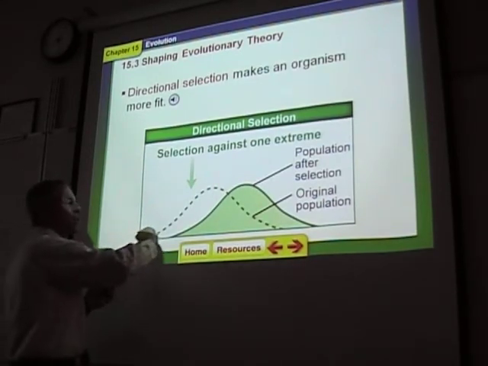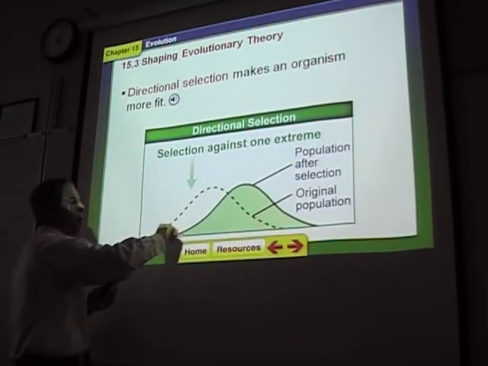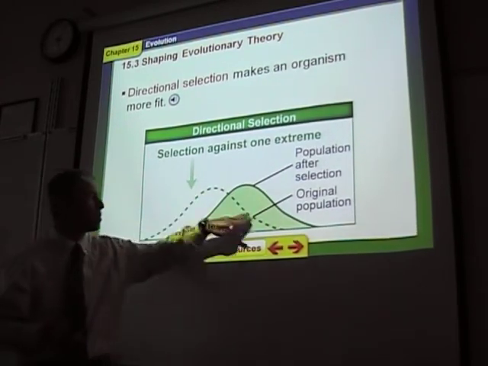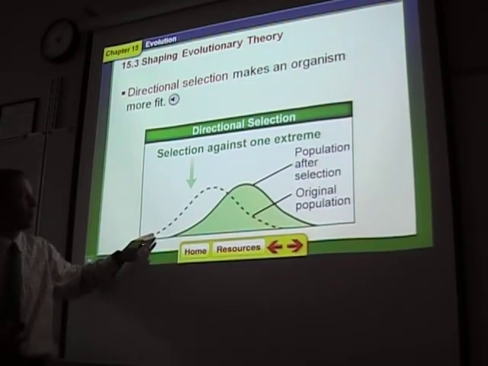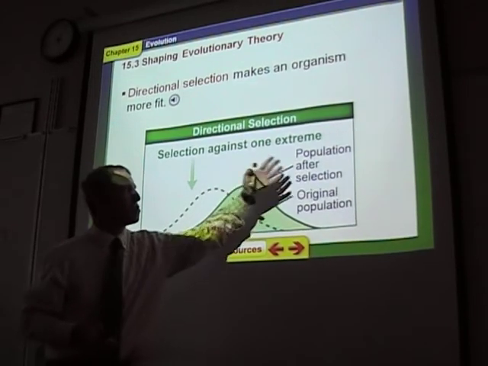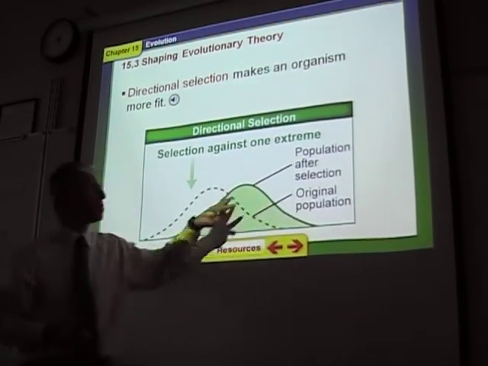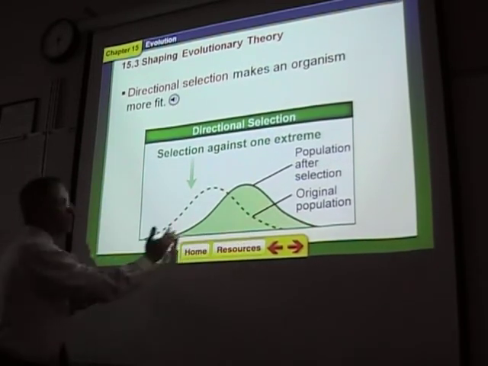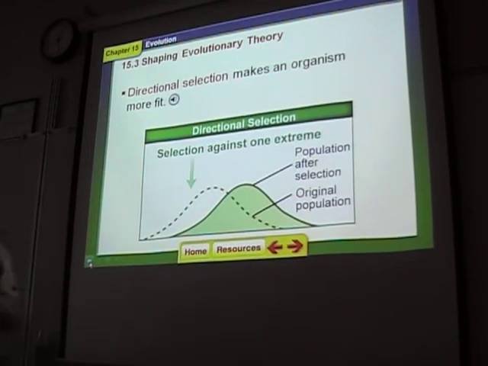Here is a population of organisms represented by a bell curve. The original population is here on the dotted line. After selection occurs, the bell curve has moved. This is basically showing you a distribution of organisms, let's say a distribution of organisms in size.